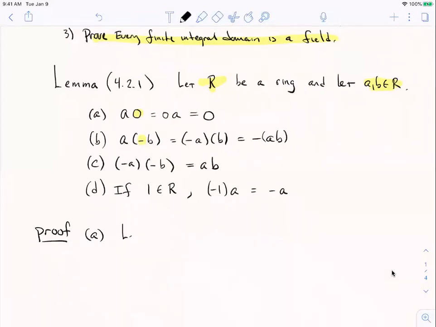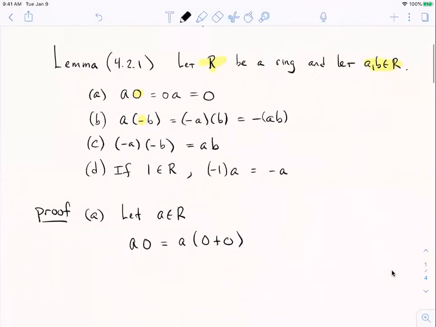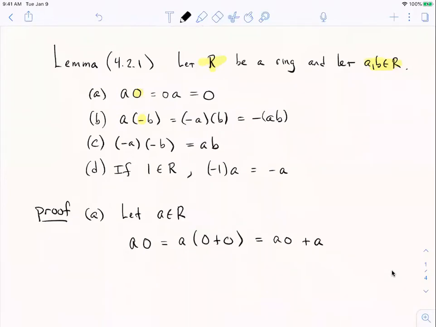Okay, so here's how we're going to prove that. We choose an element A in our ring, and we want to look at what A times 0 is. Well, the additive identity is, among other things, equal to itself plus itself. 0 is 0 plus 0. And then I can use the distributive laws, the left distributive law in particular: A times (0 plus 0) is A times 0 plus A times 0.